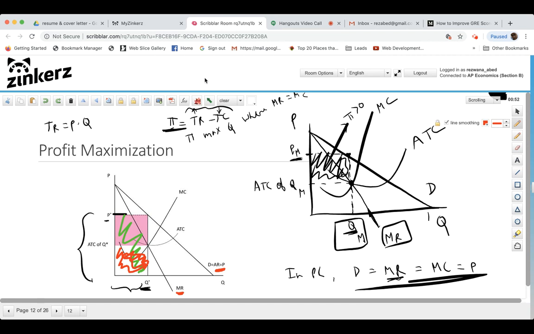Yeah, of course. So what I'm saying here is that, remember, here we see that this monopoly is making positive economic profit, right? With perfect competition, we saw that farms were making positive economic profits in the short run.